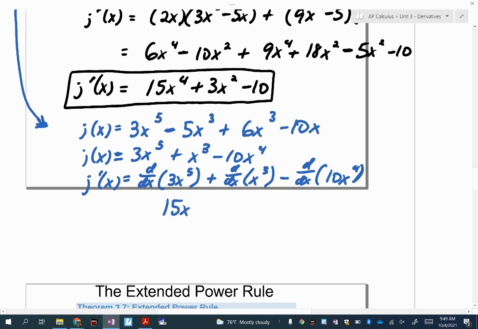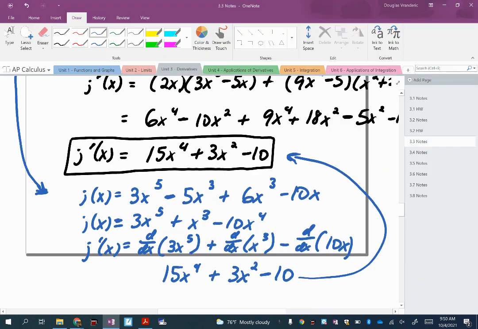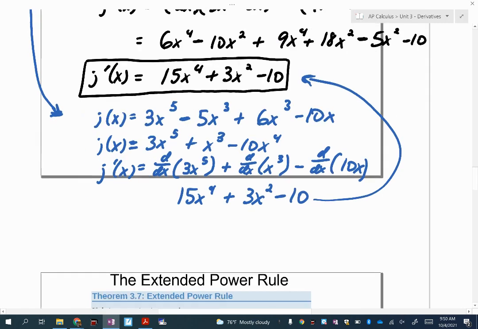This is 15x to the 4th power plus 3x squared, and then minus d dx of 10x is going to be minus 10. And that confirms, right? We got the same thing. So it's your choice. Again, if this were an AP exam question, then you've got options. All right, let's keep going.